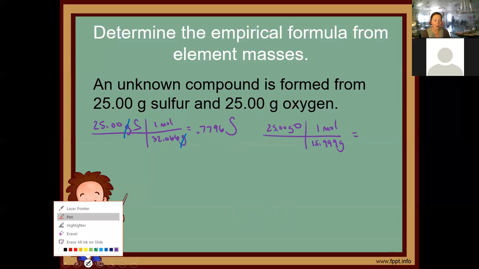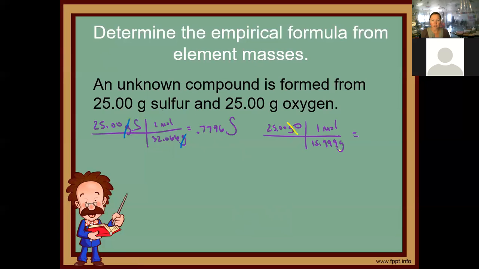We put the grams on the bottom so that grams on the top and on the bottom cancel out. What we're left with, 25.00 times 1 divided by 15.999, we get 1.563 oxygen.